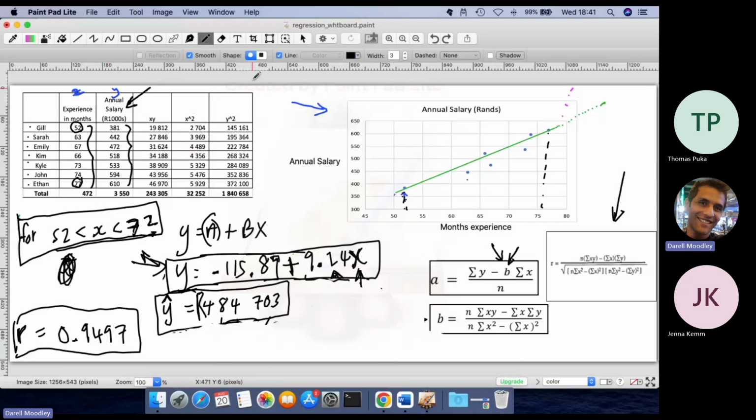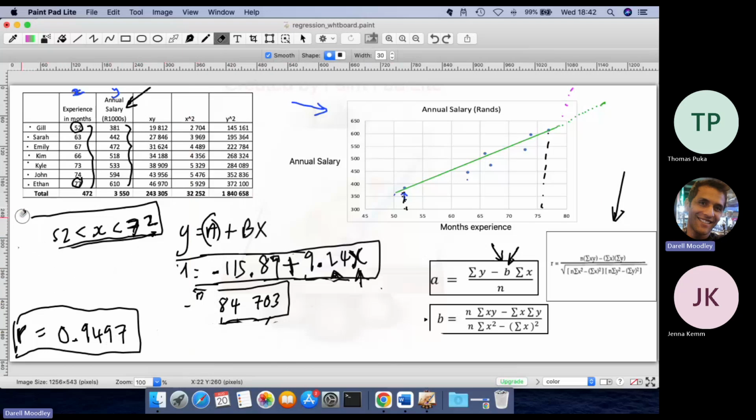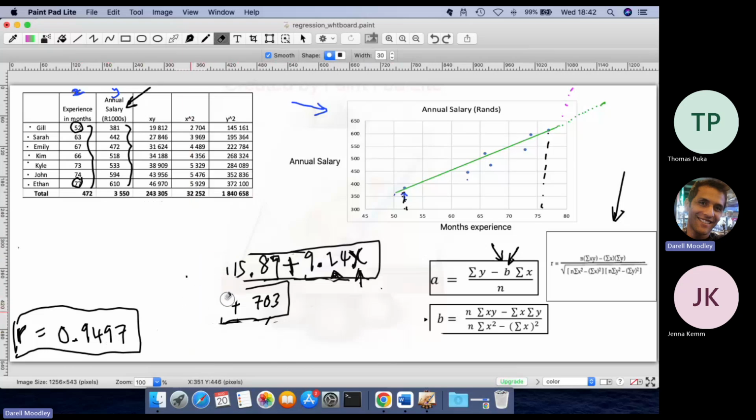Now the last term we're going to calculate is called the coefficient of determination. Now it sounds complicated, but it's actually very, very easy. All it is is just using your R value and then squaring it. In other words, raising it to the power 2 and writing it as a percent.